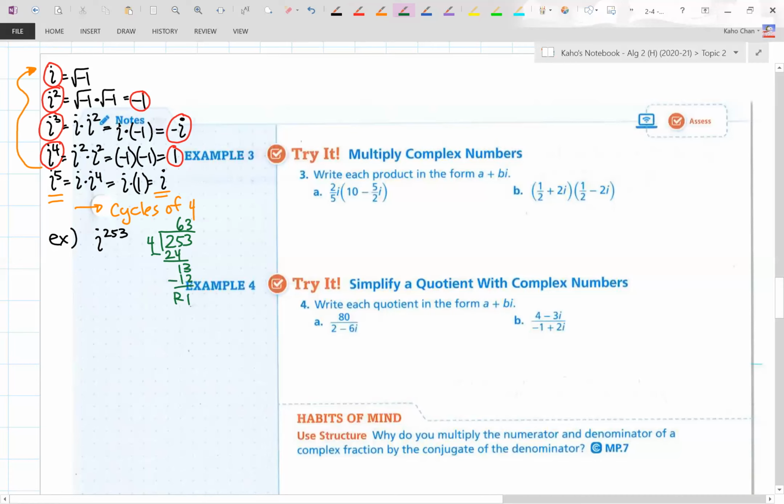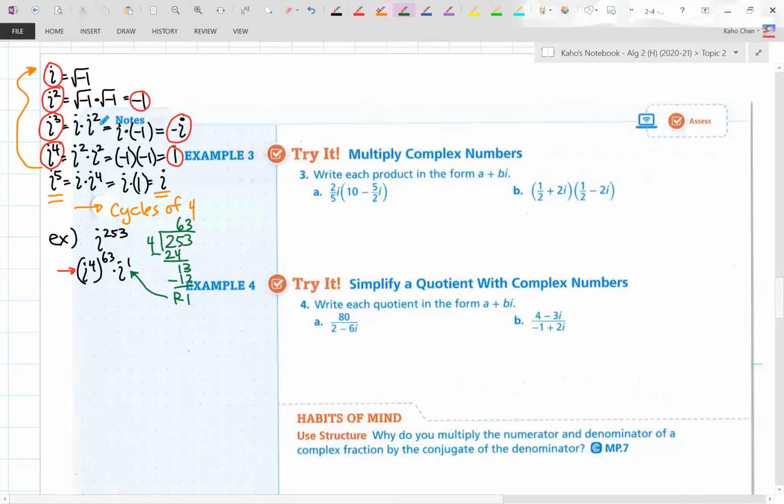Aha. Ladies and gentlemen, 4 goes into 253 63 times with a remainder of 1. So technically, i to the 253rd power is the same as i to the 4th power to the 63rd power times i to the 1st, the remainder from a second ago.